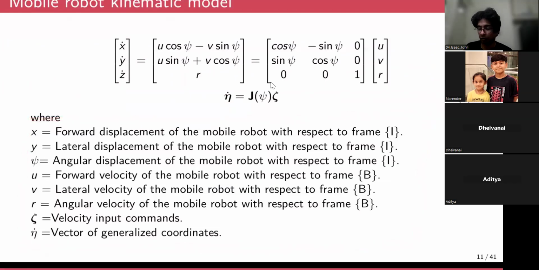X, Y, and psi are the forward, lateral, and angular displacement with respect to the fixed frame. U, V, R are the forward, lateral, and angular velocities with respect to the body frame of reference. And psi and eta are simply the names that we give to these vectors, x dot, y dot, psi dot, and u v r.